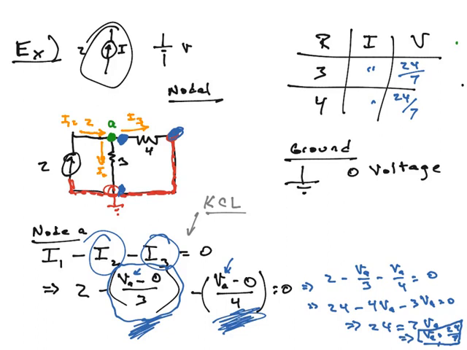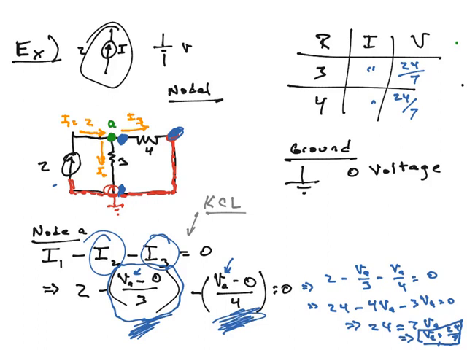Then the last step is take all those i's. If you know any of the values up front, because maybe like here you knew one of the current sources, then you fill in the value of that current. If you don't, then replace all the i's with V over R, where V is the voltage on one side of the resistor minus the voltage on the other side.